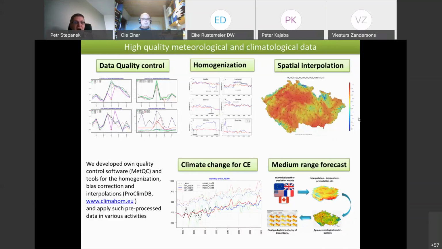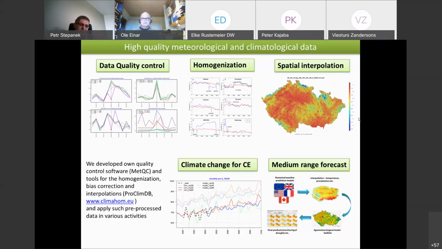So I will mention very briefly what is in the beginning. So it's data quality control. We combine both temporal and spatial aspects and actually many methods together.